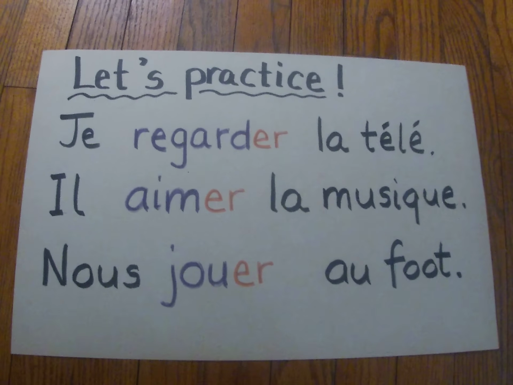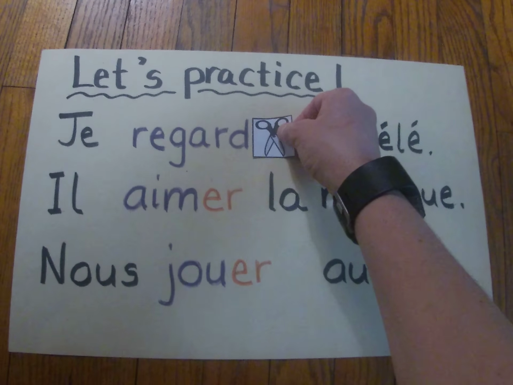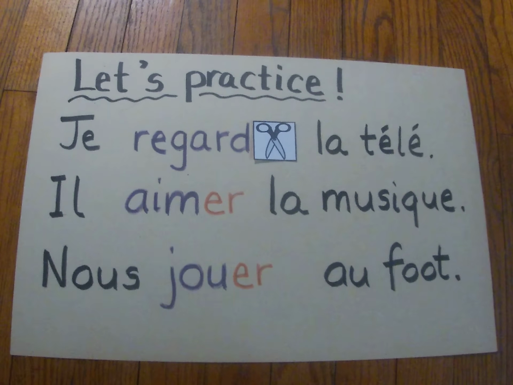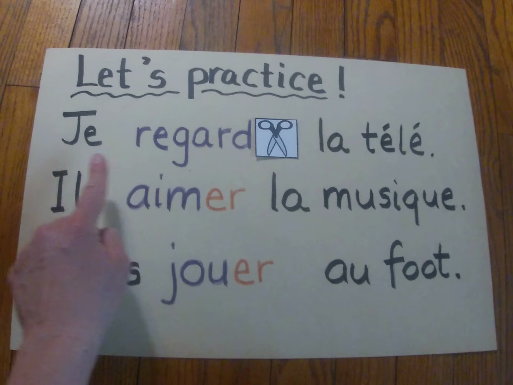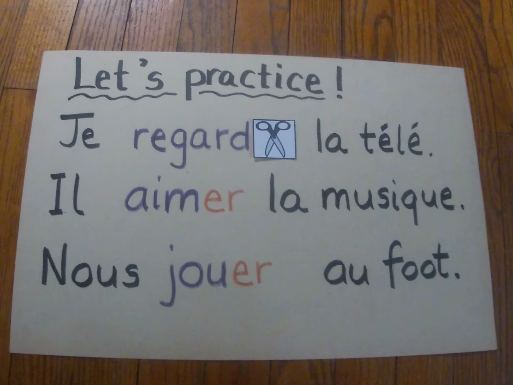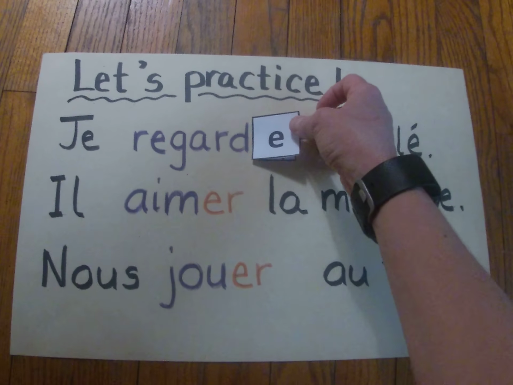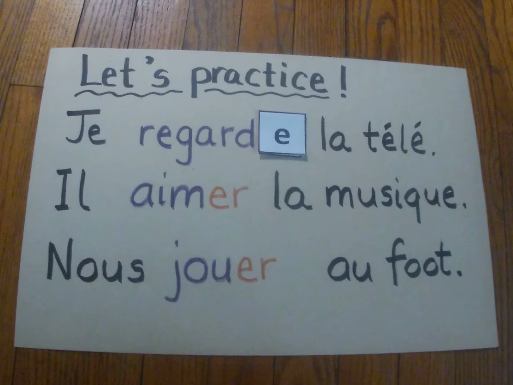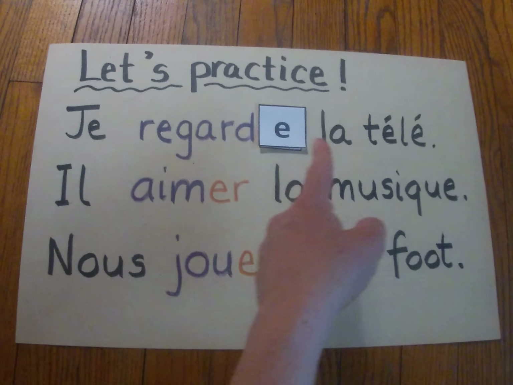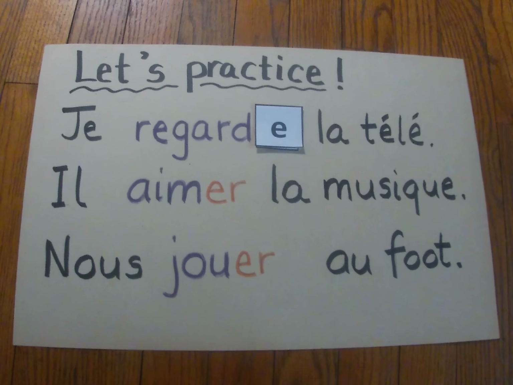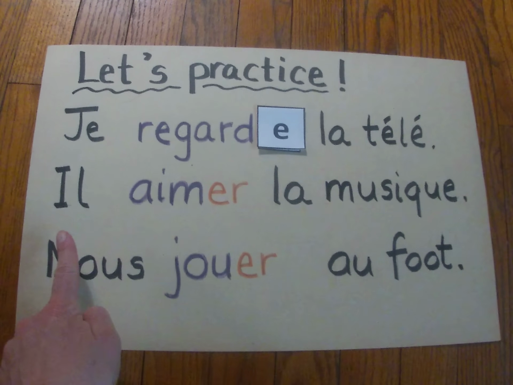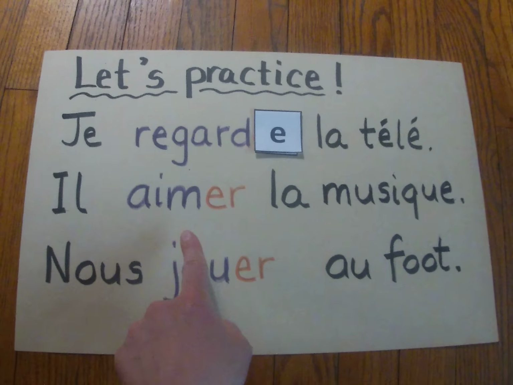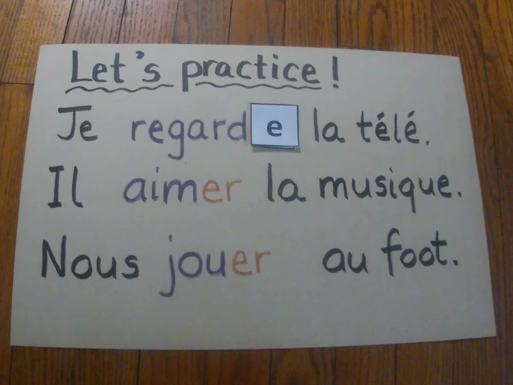First, we find the verb stem by cutting off the ER. Next, we find the correct verb ending. So our verb regarde fits with je. And our correct ending is the letter E, which makes our sentence into Je regarde la télé. I watch television. Our next sentence, we have il, our verb is aimer, and la musique.